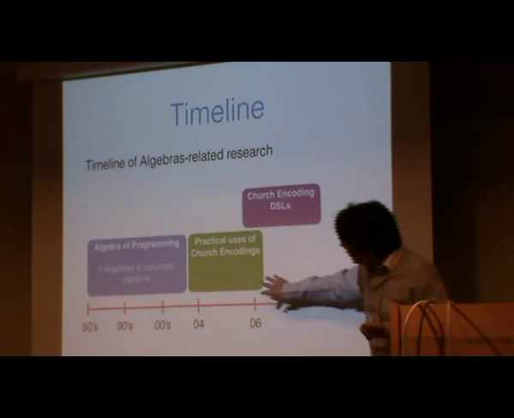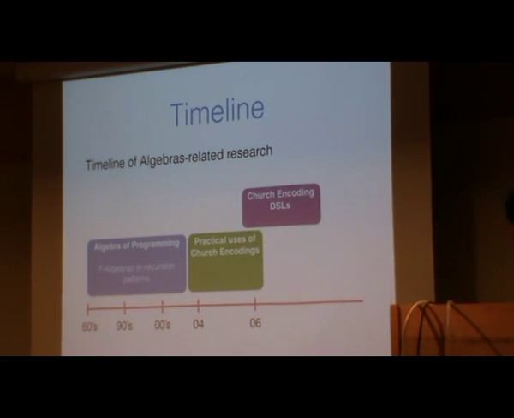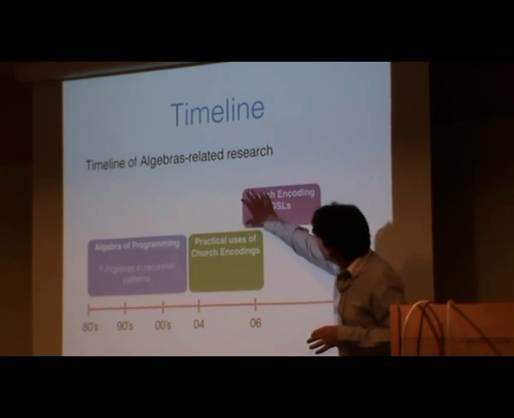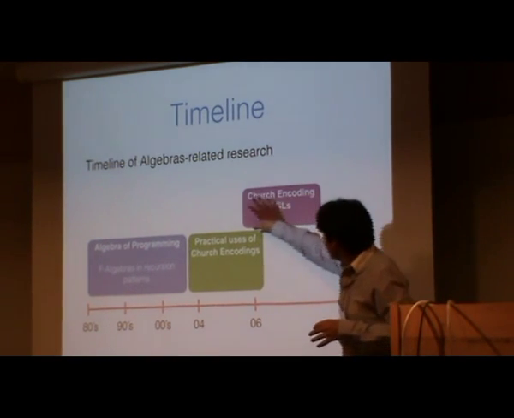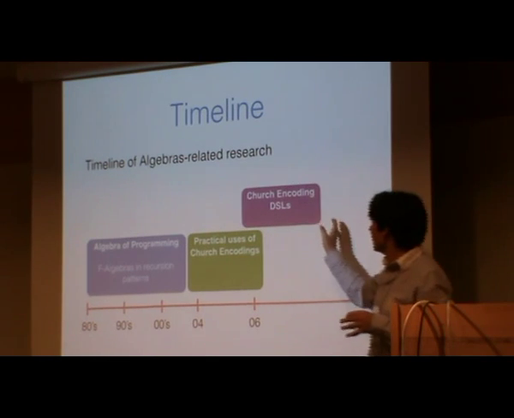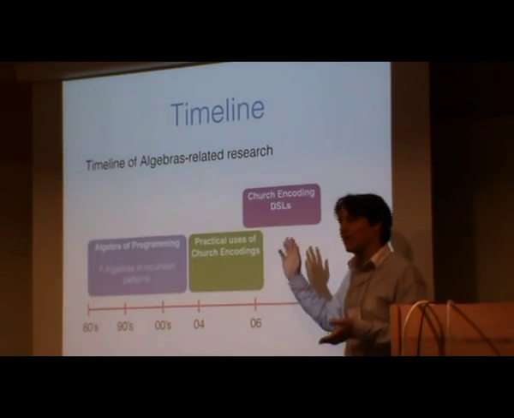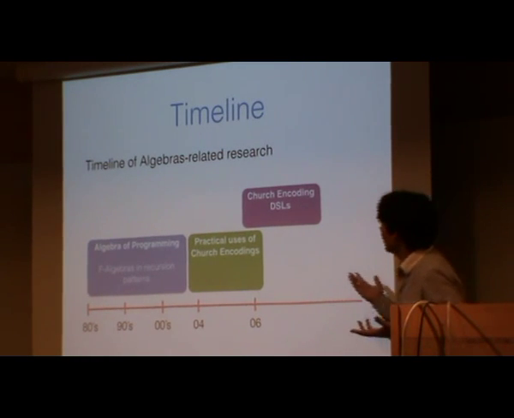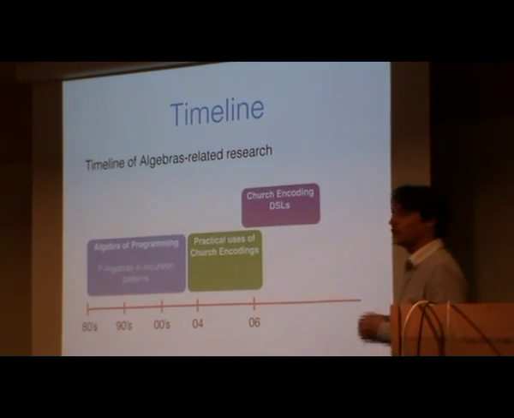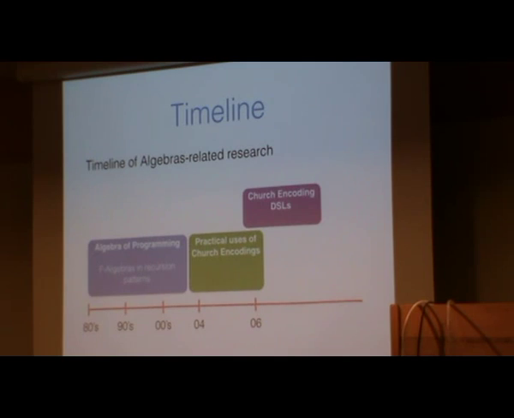The whole community was also interested in this because they found a type theoretical explanation of certain patterns, and at the same time, or almost as a follow-up, people started applying this in perhaps surprising ways, like trying to apply these church encodings to DSLs and getting some benefits out of it. Okay.